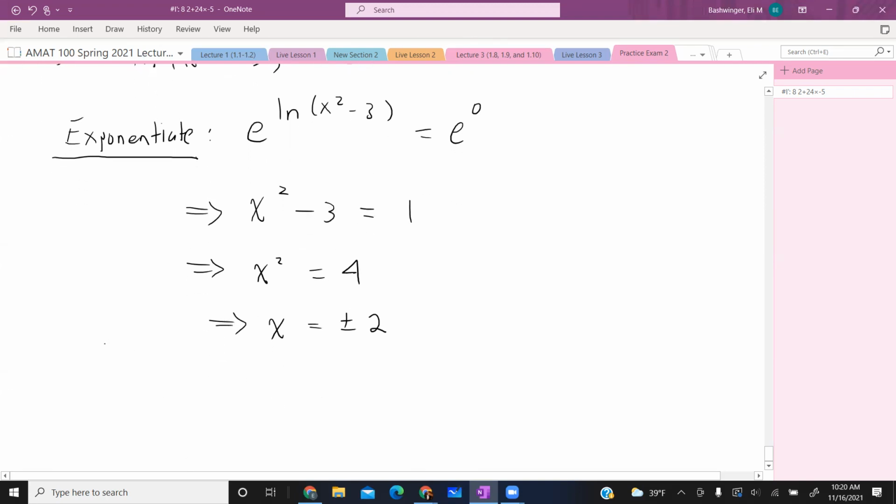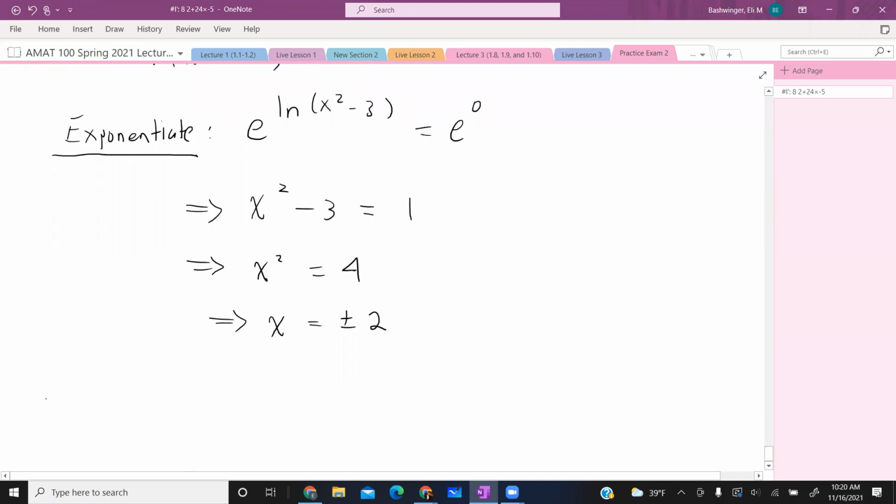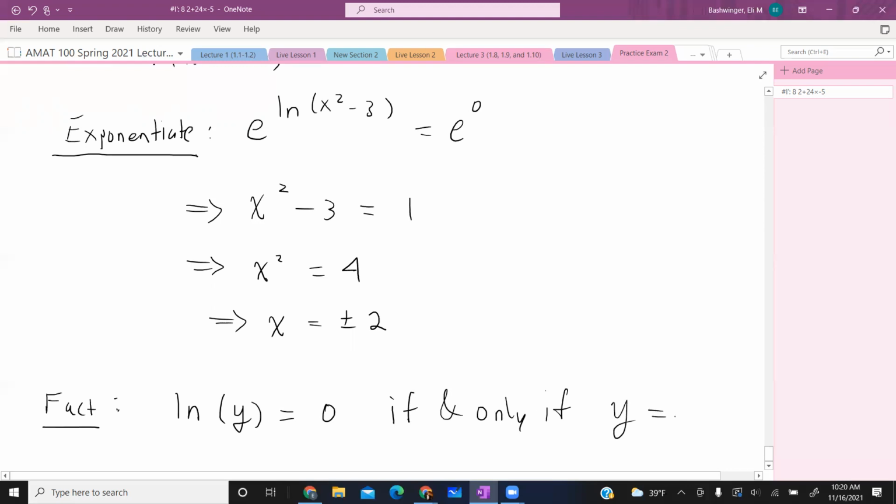So one way to find those solutions is to exponentiate. Another way is to use the fact that the function is injective. So again, solving these types of equations reduces down to either exponentiating or using the fact that the functions are injective. We already know that ln of some number y is 0 if and only if y is equal to 1.